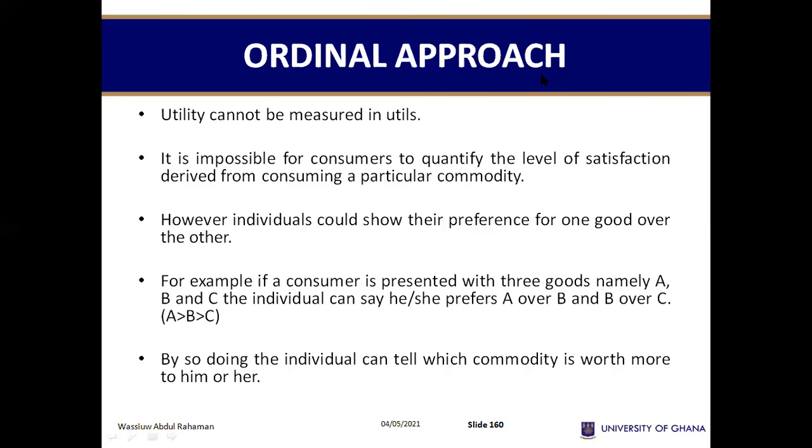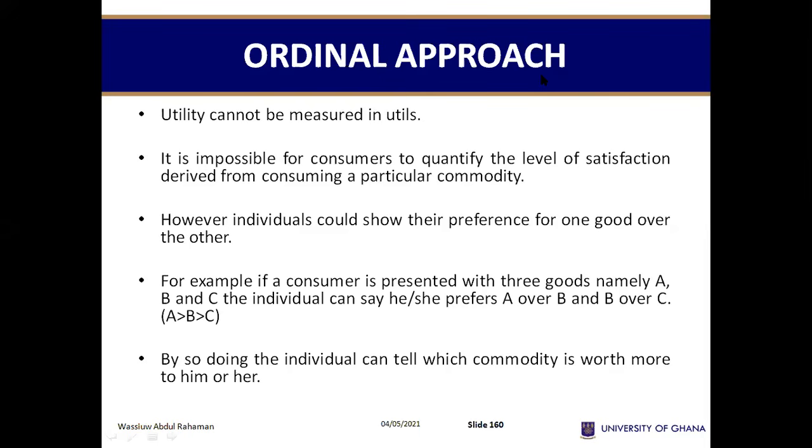Right. Today we are going to look at the second approach, which is the ordinal approach, which would achieve the same results as the cardinalist, but will make a different assumption about the quantification of utility.